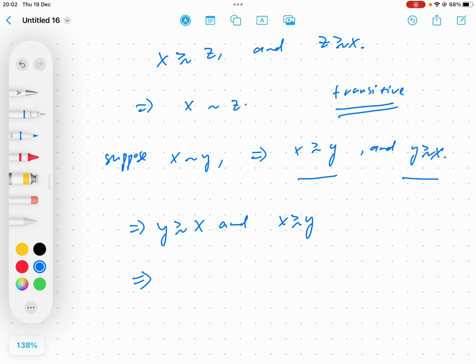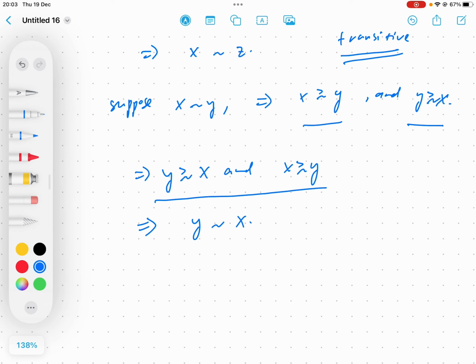This still holds, and this gives us the indifference between y and x. Okay, so we come from x indifferent to y, and we end up with y indifferent to x. Then this is the proof for the symmetry, right? Okay, good.